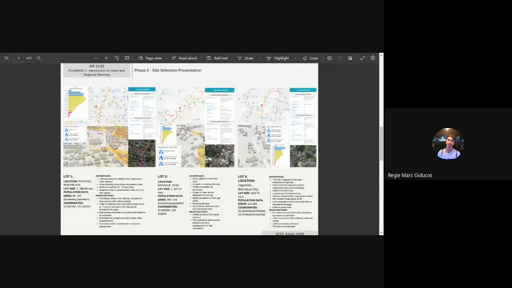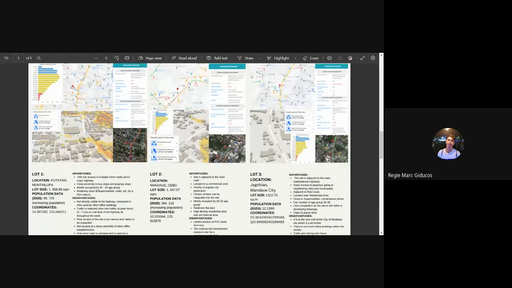So we're going to discuss the site analysis. Lot 1 is located in Putatan, Muntinlupa, which has a lot size of 1,958.89 square meters with a population of 99,725, which is increasing.